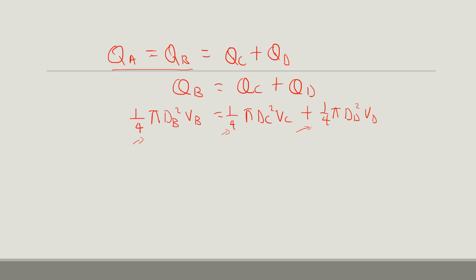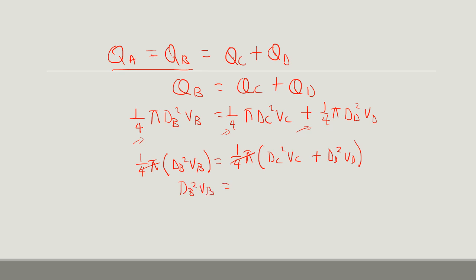So now, let us factorize. 1 over 4 pi into bracket dB square VB will be equal to 1 over 4 pi into bracket dC square VC plus dD square VD. 1 over 4 pi cancels 1 over 4 pi. So now we have dB square VB equal to dC square VC plus dD square VD.